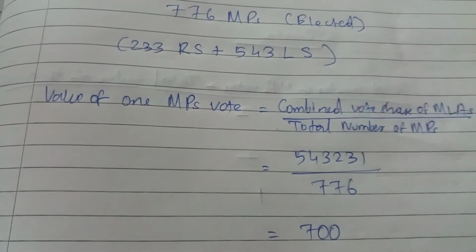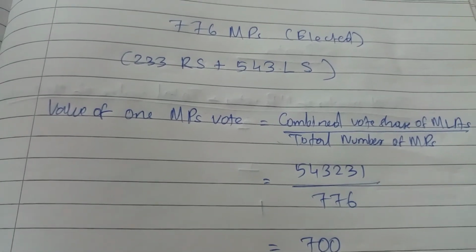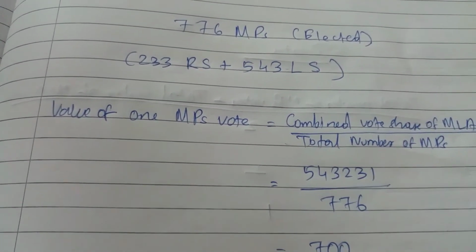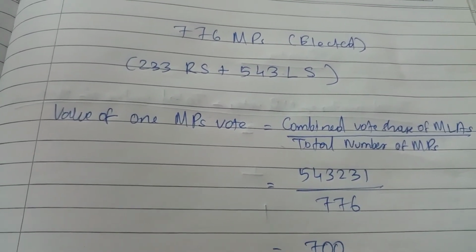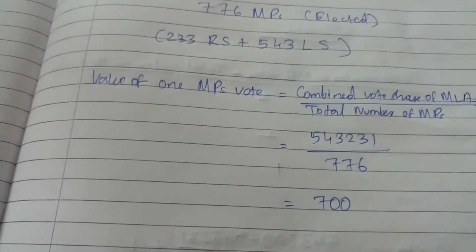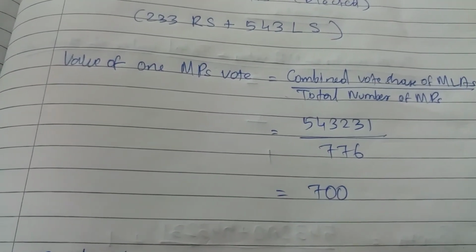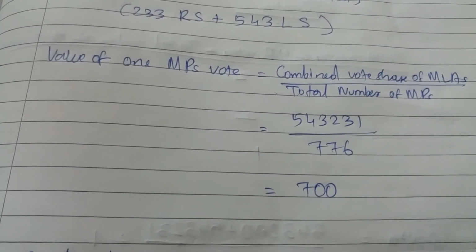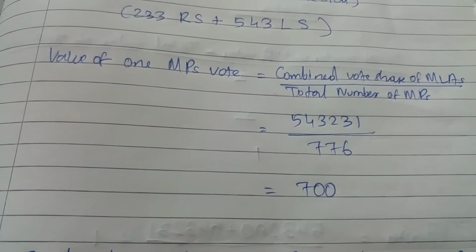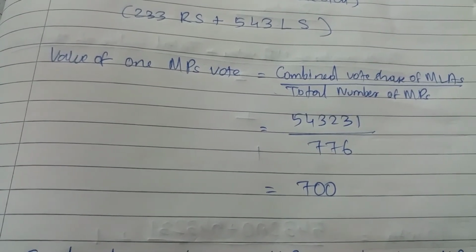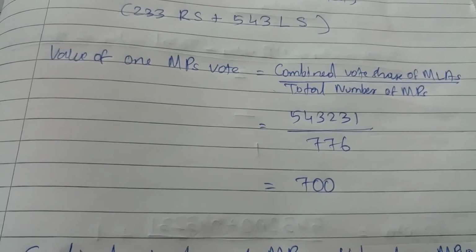Friends, as we know, the elected MPs also participate in the presidential election voting. There are 776 elected MPs in India. How do we calculate the vote of one MP? The value of one MP's vote is calculated by dividing the combined vote share of MLAs from all the 28 states by the total number of elected MPs in India.